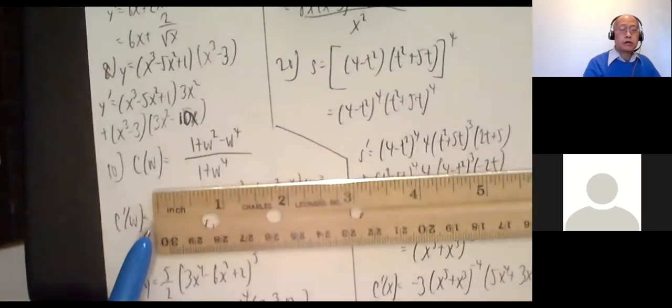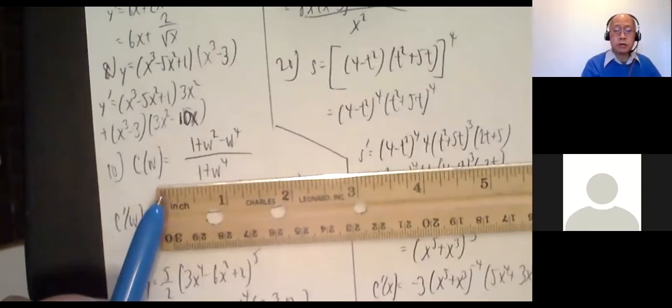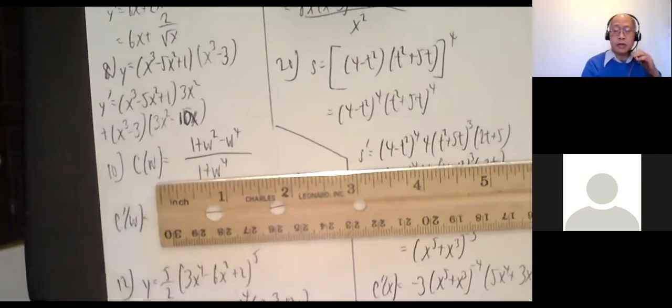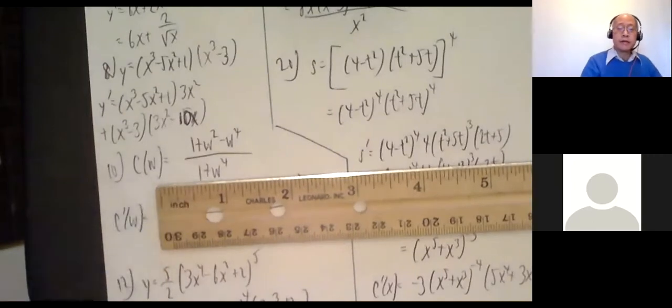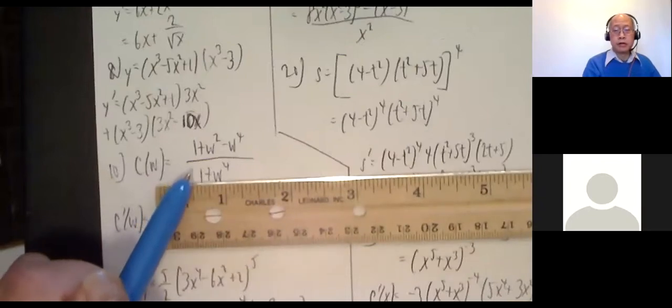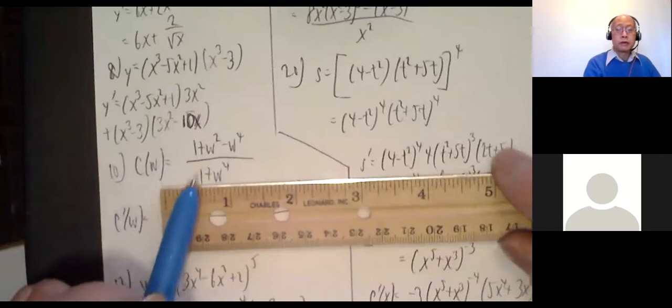So quotient rule. Put the formula on your cheat sheet if you haven't already. Full disclosure, if we were meeting face-to-face on campus, I would make you memorize it. But we're not. They said make things a little bit easier on students, so one way I'm making it easier is I let you have a cheat sheet. So remember the quotient rule?